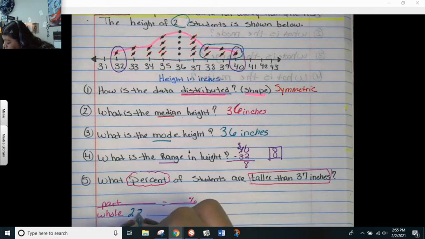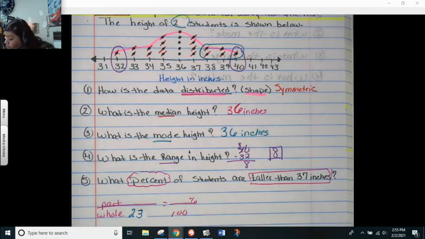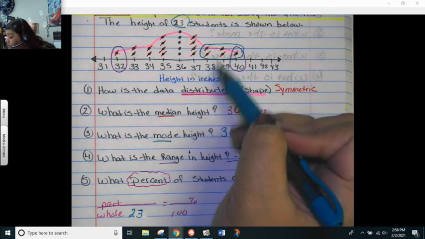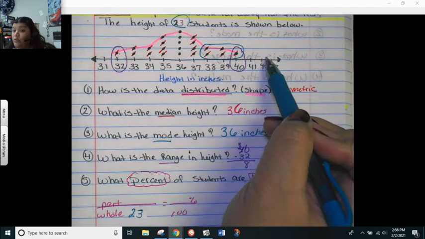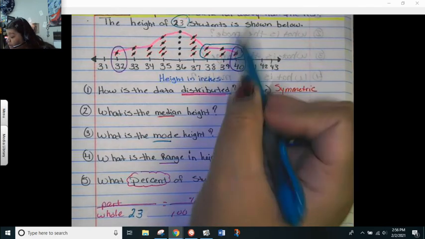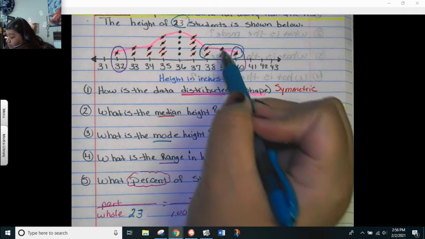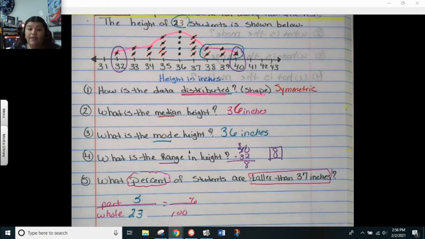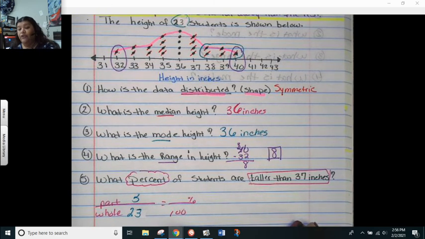There's 23. So taller than 37 inches is 38, 39, and 40. Remember, these have no dots above them, so I'm not going to count. So it's 1, 2, 3, 4, 5. I have 5 dots, 5 students that are taller than 37 inches.